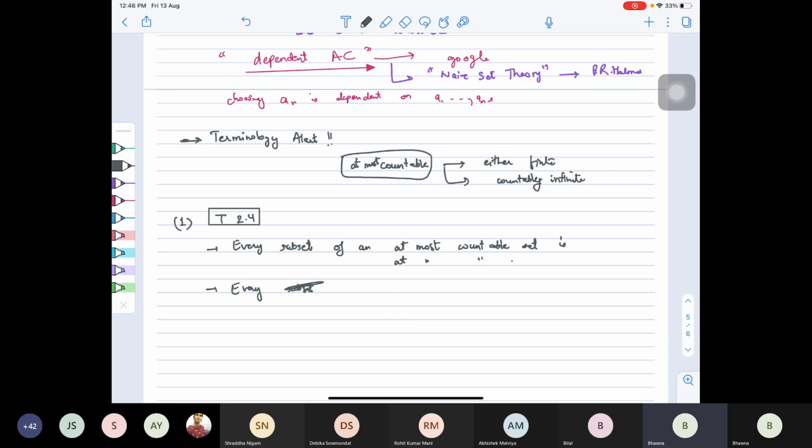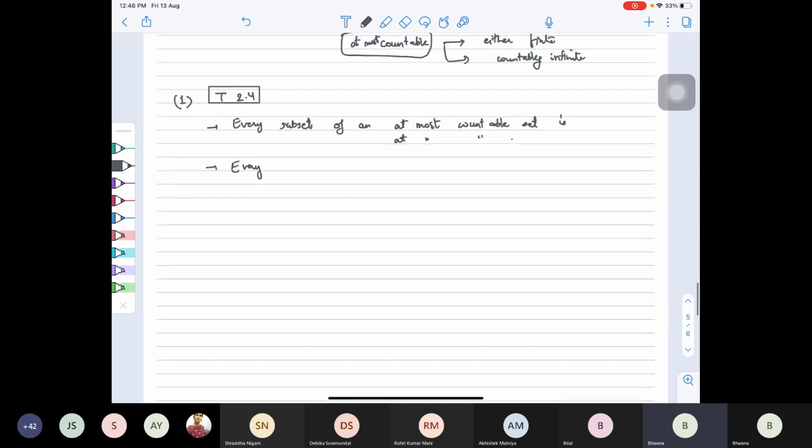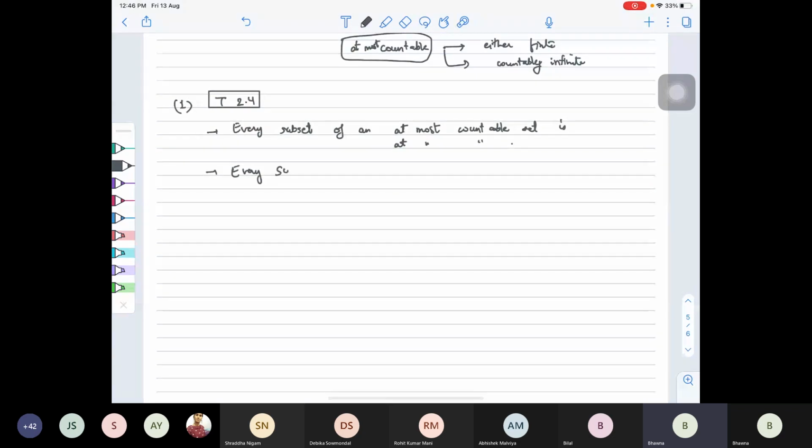I think I should write larger. My handwriting is becoming smaller and smaller. Sorry. Every subset of a countable set is either finite or else countable.